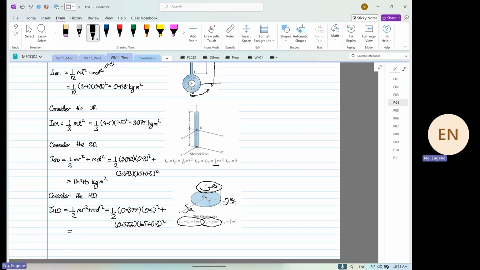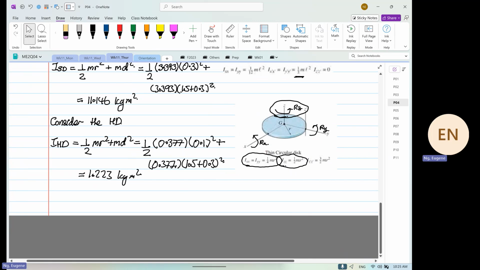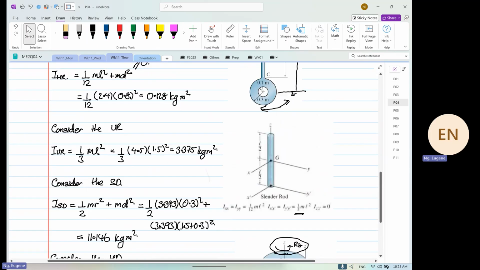So this is equal to 1.223 kilogram meter squared. So now we have everything. We can assemble I, which will be equal to all the values that we have, except the last one subtracted.